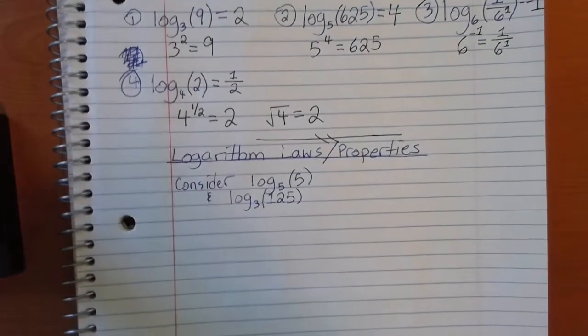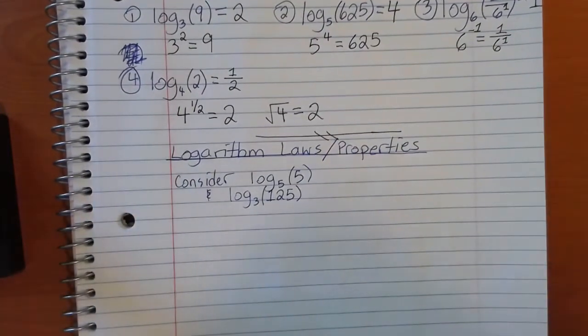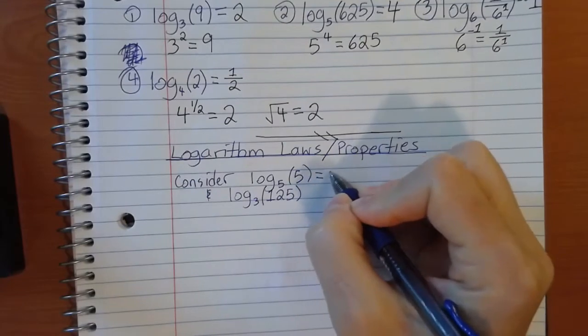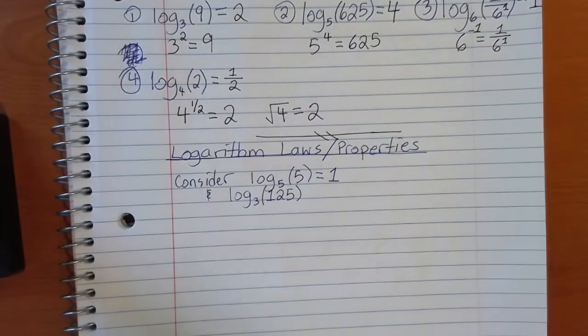Well, if we have log base 5 and things are multiplying by 5 any number of times, we want to think about how many times you would need to do that to get to 5. Well, that answer is 1. 5 to the power of 1 would equal 5. And that means this first logarithm would be equal to 1.